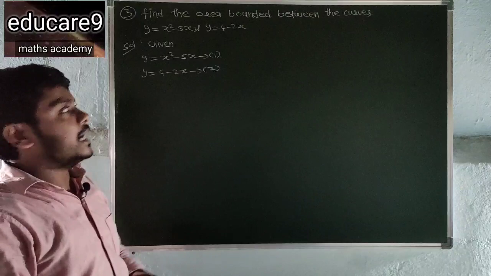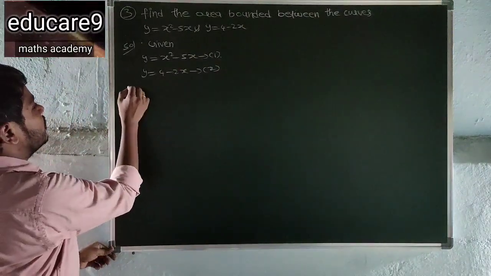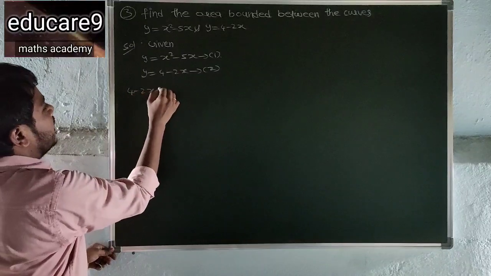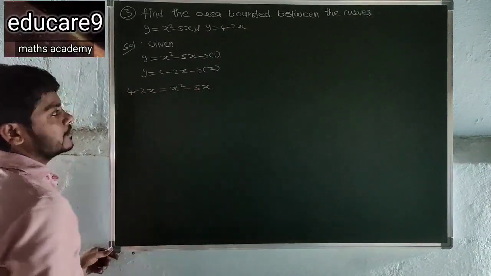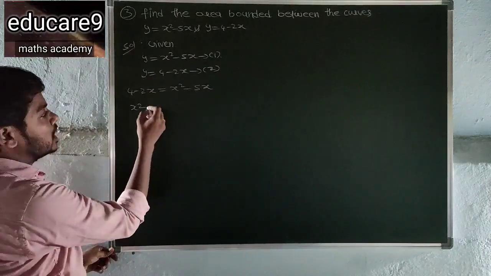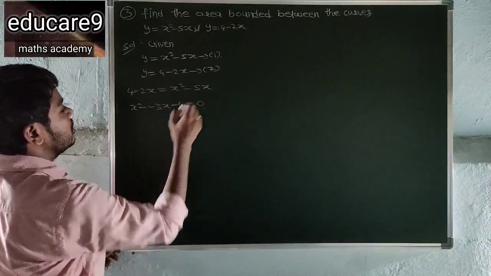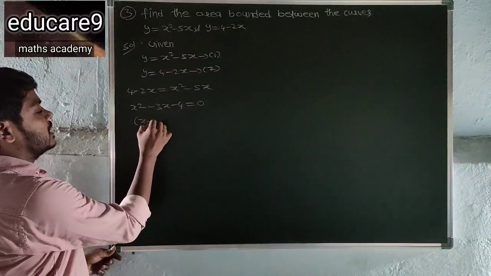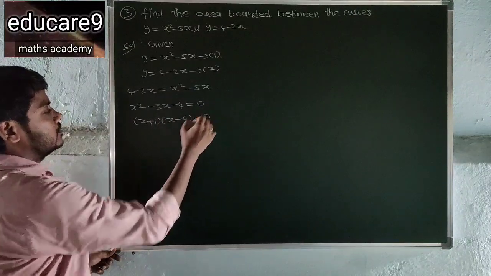Now you need to find the point of intersection of two curves. So equating both of them, you will get 4 minus 2x is equal to x square minus 5x. Now this is x square minus 5x plus 2x, so x square minus 3x minus 4 is equal to 0. So this is x plus 1 into x minus 4 is equal to 0.